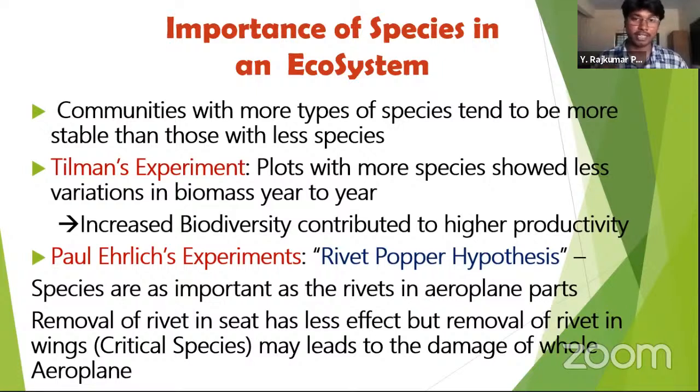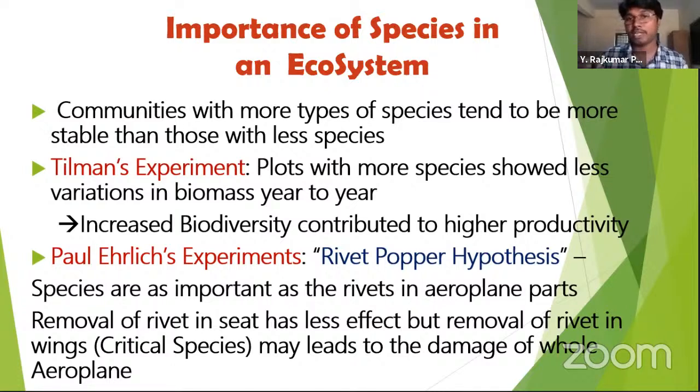But the same nuts and bolts are present in the location of the wings also. If they are removed at the place of the wings, what happens? The flight will crash. In the same manner, our ecosystem also contains different kinds of species, and some species may be less important, but some critical species are also there, which are most important for the existence of the whole ecosystem.